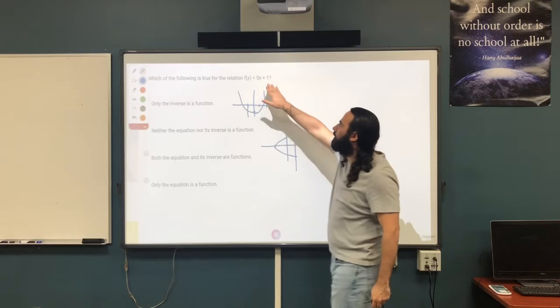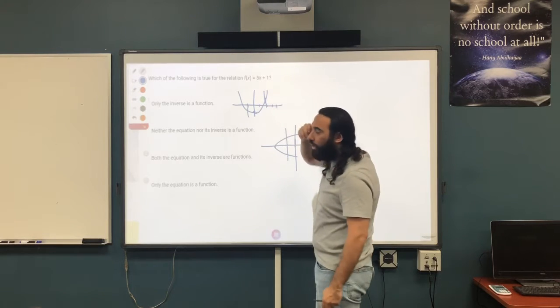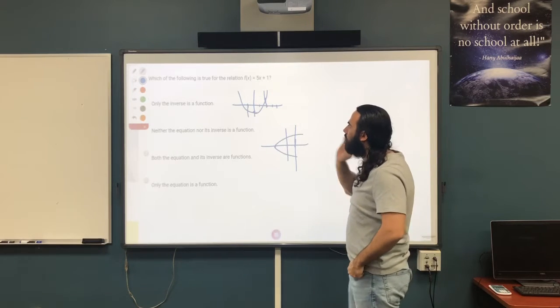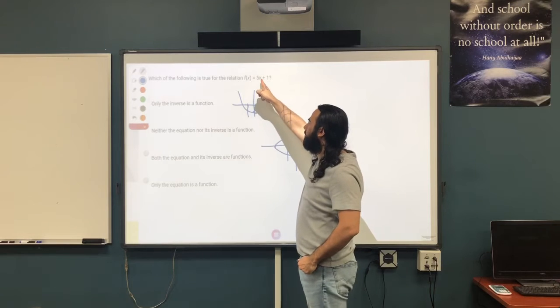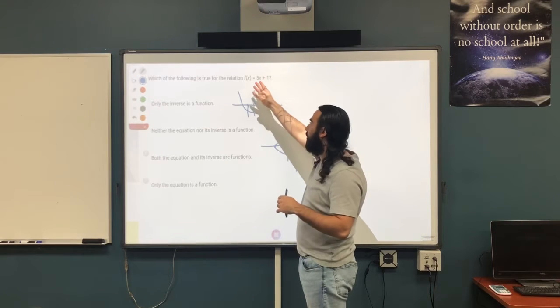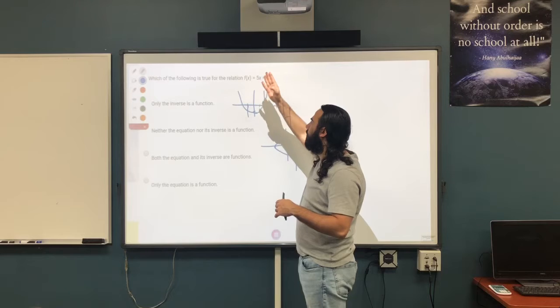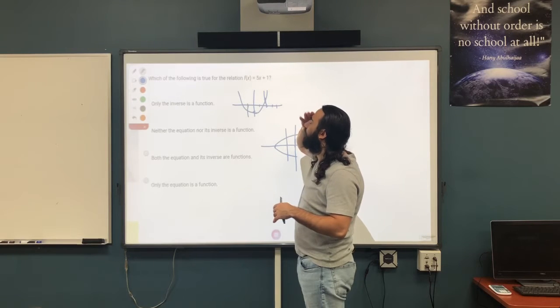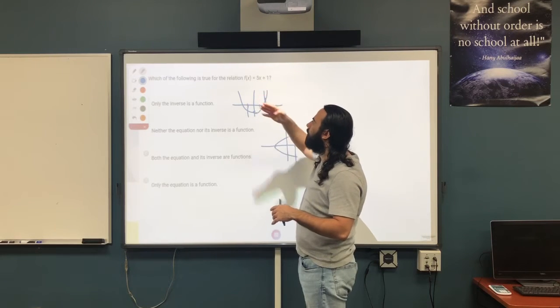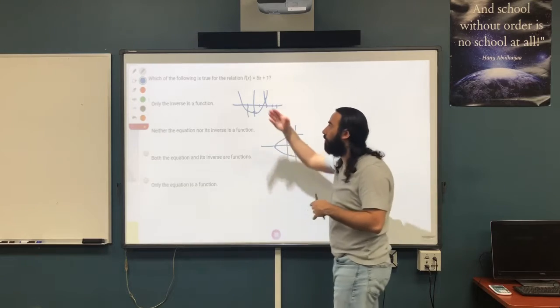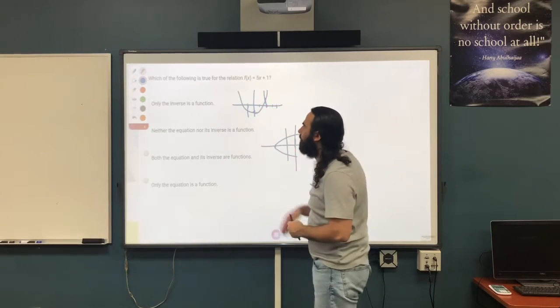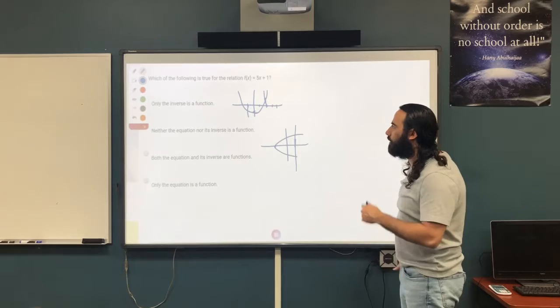So in this case, it is a function. If you put in for x a positive number, a negative number, a fraction, or 0, each time it's going to give you a different y, or f(x), which is the same thing. Now the question is, what about the inverse?